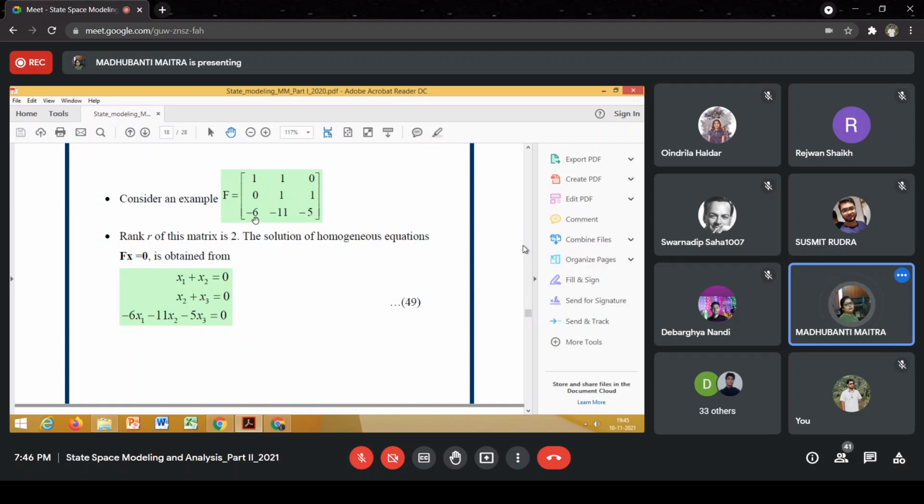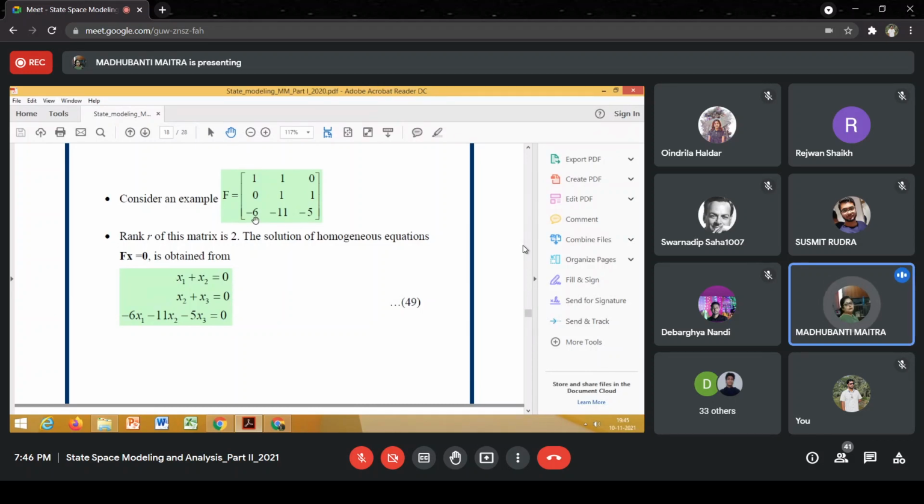Now, if the matrix F is not a full rank matrix, then we can have an infinite set of solutions. Okay. The trivial solution is unique. The solution vector will be 0.